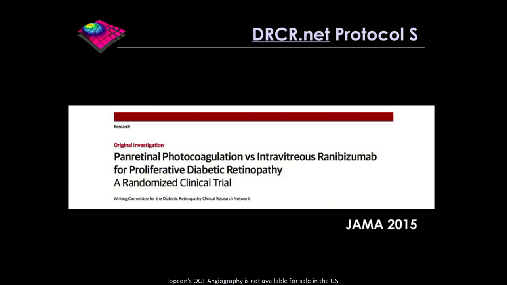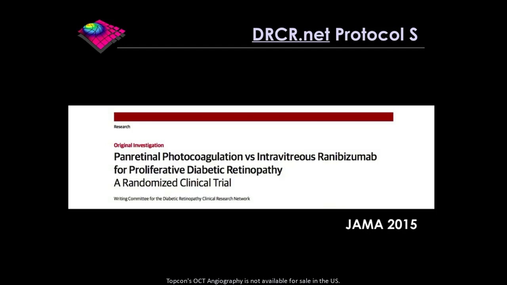Now, one of the interesting things in that study was that the patients who were randomized to receive anti-VEGF with proliferative diabetic retinopathy were given a loading phase of 3 injections, and then it says in the study that further injections could be given at the discretion of the investigator, depending on whether the investigator felt that the neovascularization was active or not. Now, of course, that brings back the old question of how do you tell whether it's active or not? And this is a very subjective finding.